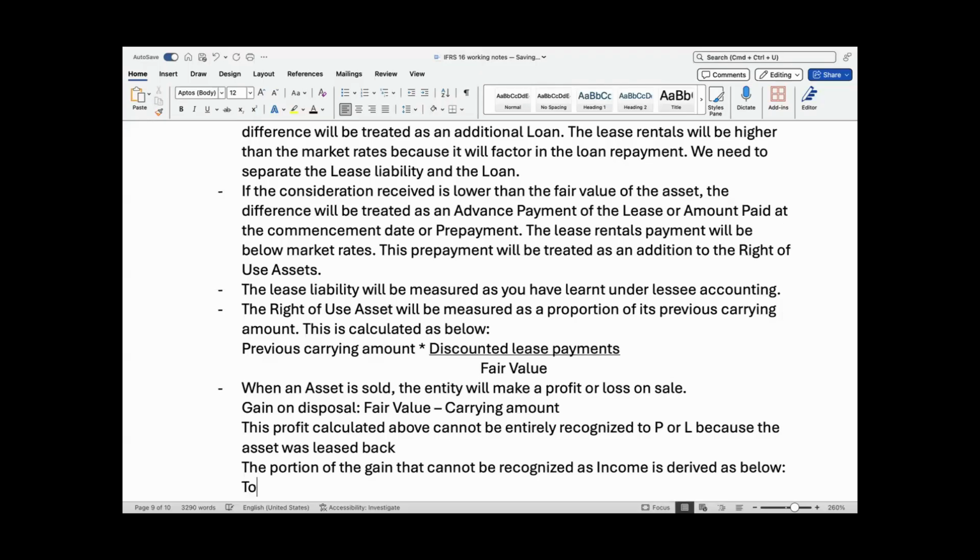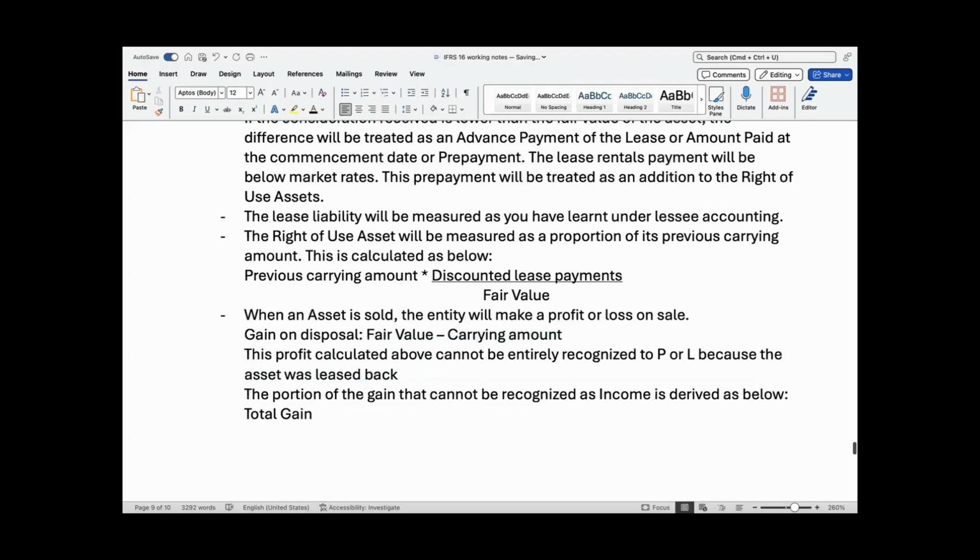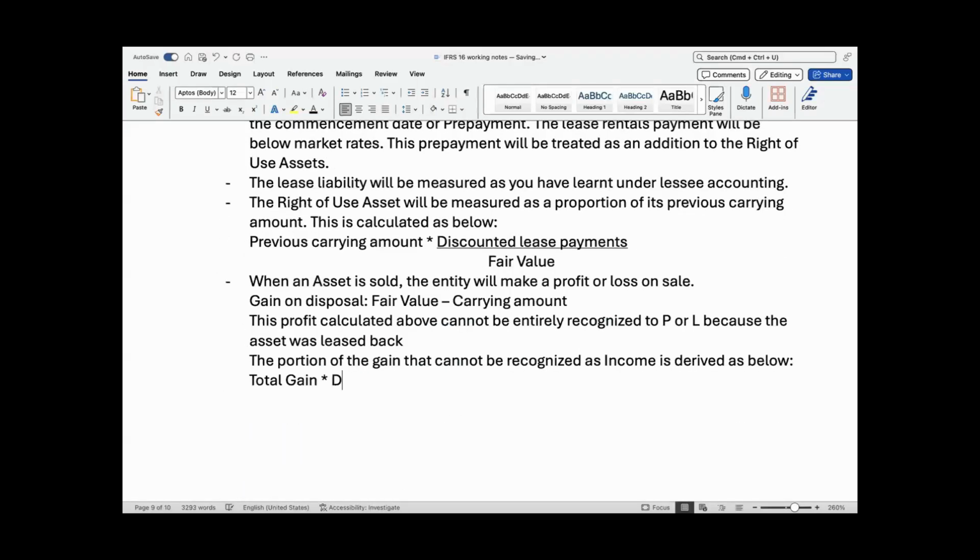So you get that total gain computed above, this gain on disposal, you multiply by the discounted lease payments divided by fair value of the asset.